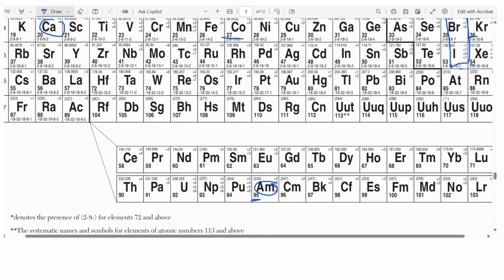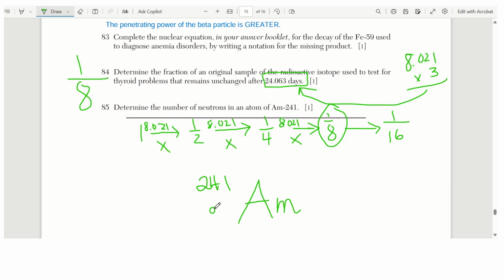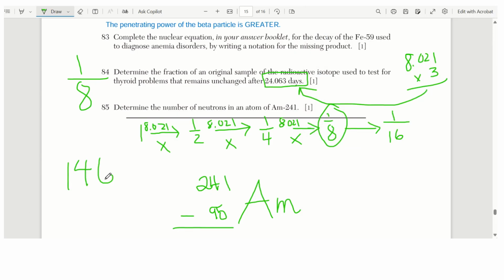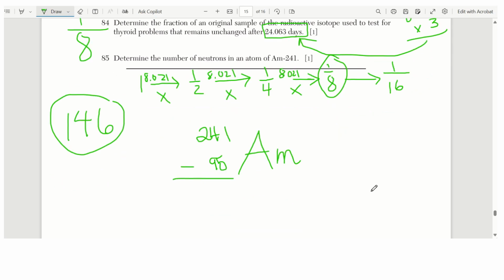It is 95. So if this is the mass number on the top, 241, which is protons plus neutrons, and this is protons, I subtract those numbers. So 241 minus 95 equals 146. That is how many neutrons I have.